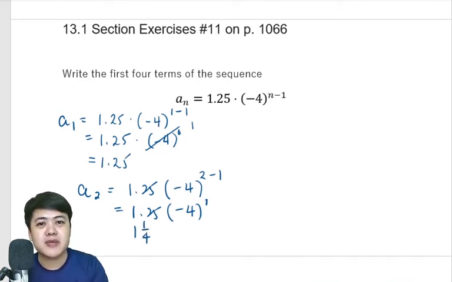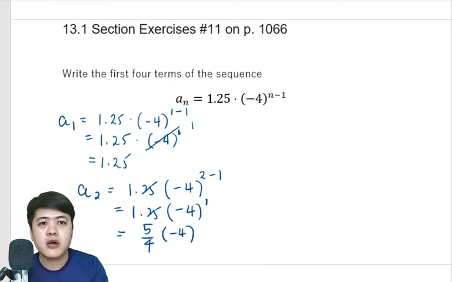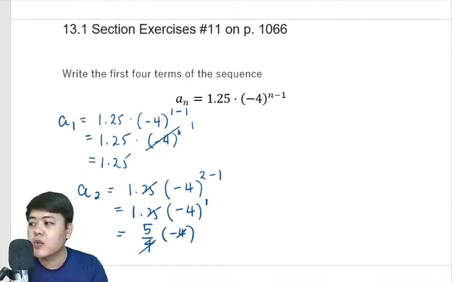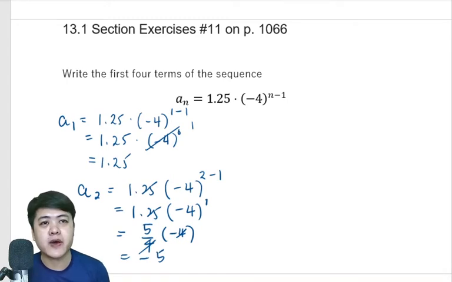So, pag ginawa mo itong improper fraction, 5 over 4. So, pwede ko itong gawing 5 over 4 times negative 4, which is easier kasi makakancel lang yung 4. And we'll get negative 5. Okay, therefore a sub 2 is negative 5.